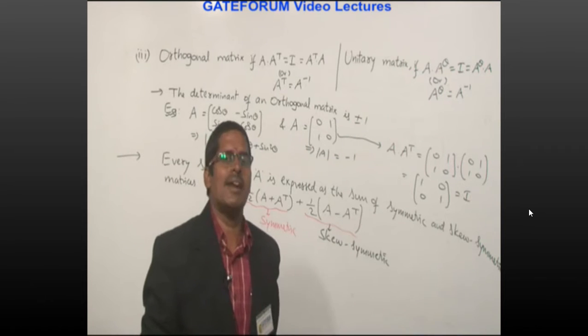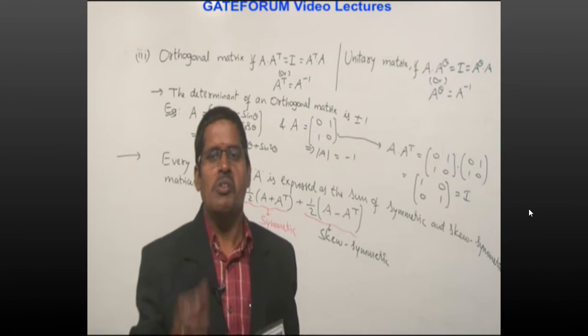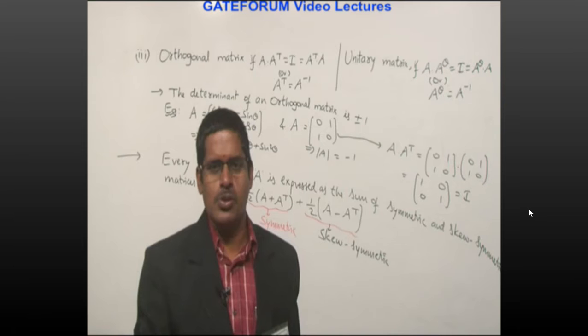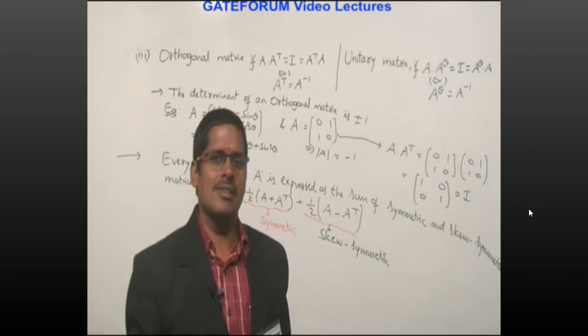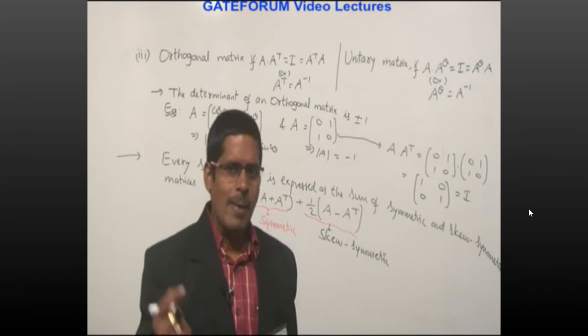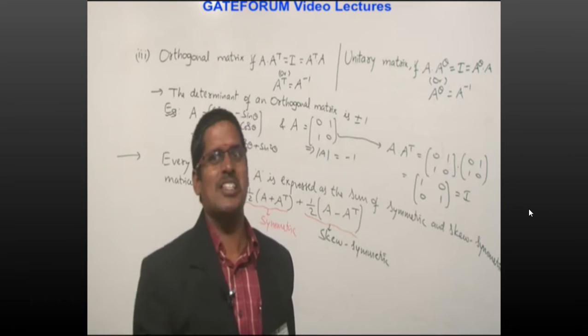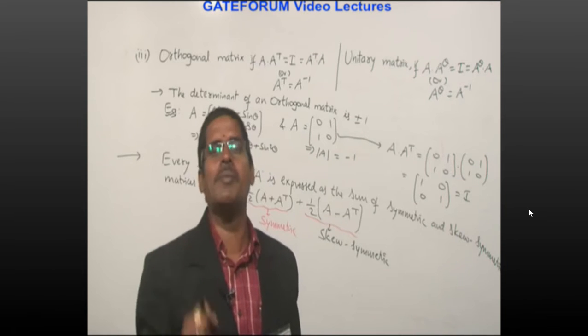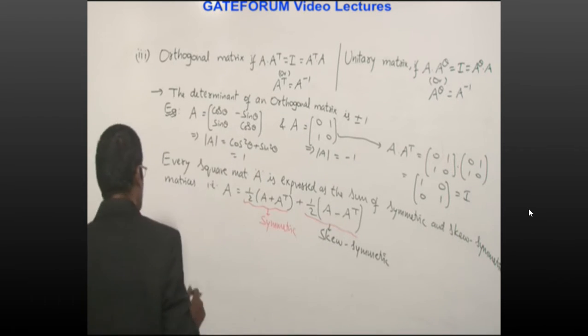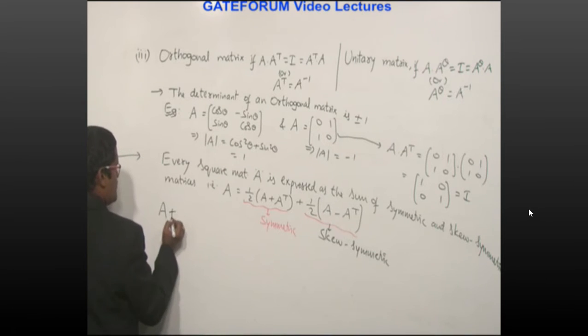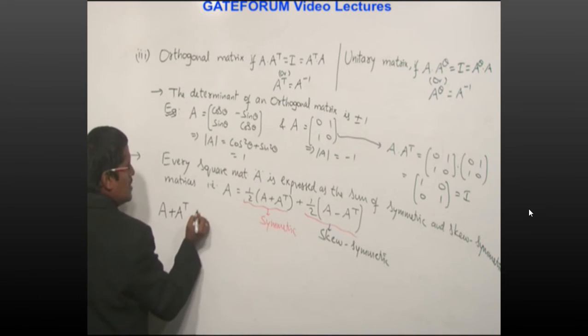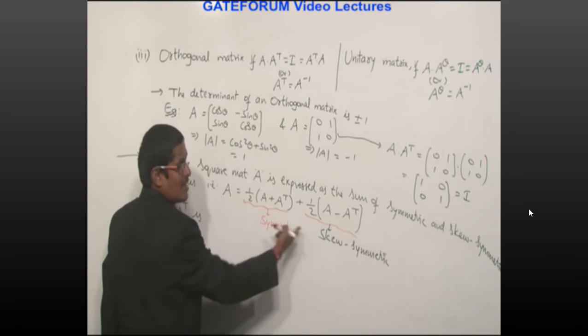When do we say that a matrix is symmetric or skew symmetric? What is the procedure? Find transpose. If it gives the given matrix, that is called symmetric. If it gives minus into the given matrix after transposing, then the given matrix is called skew symmetric. Okay, so A plus A transpose. Similarly, which is also true for Hermitian and skew Hermitian.